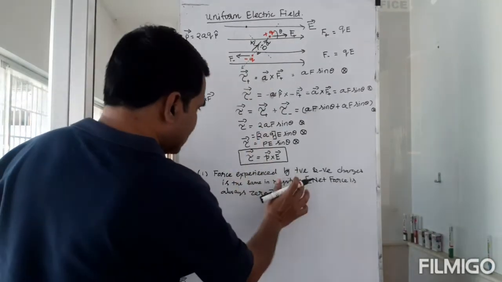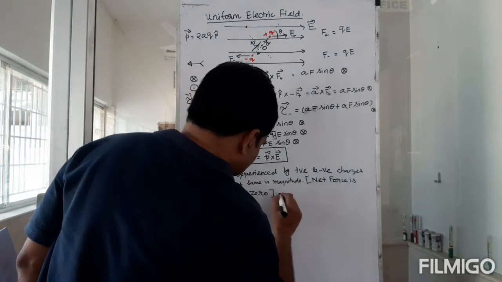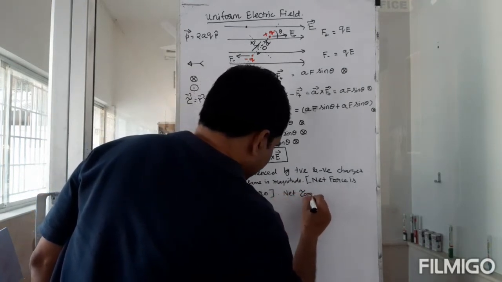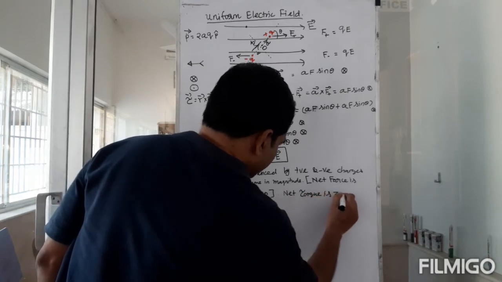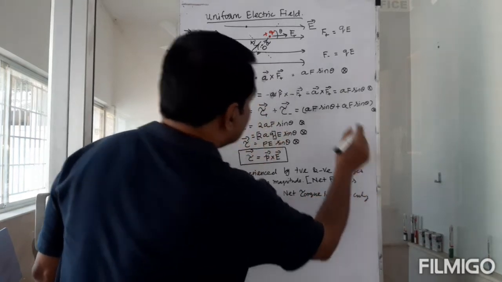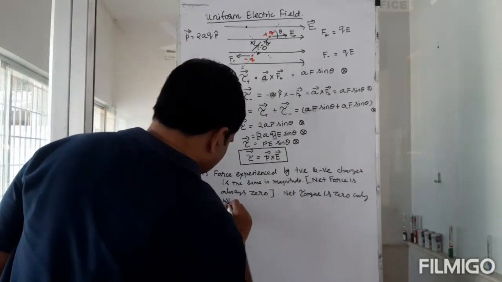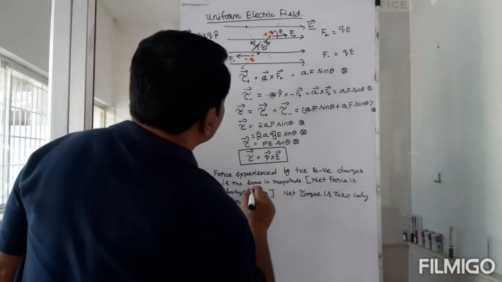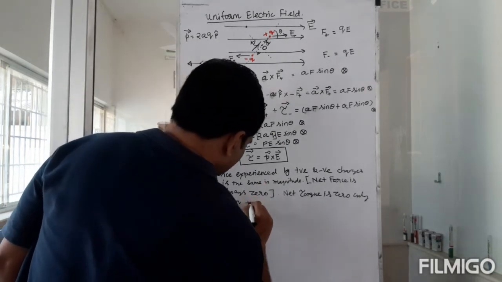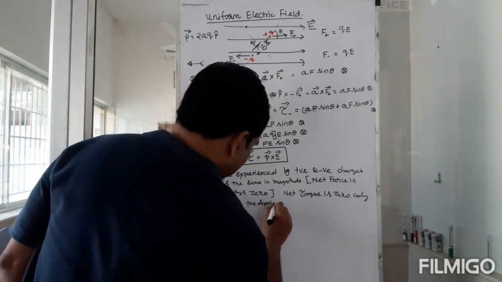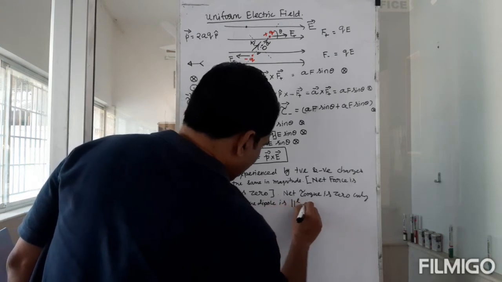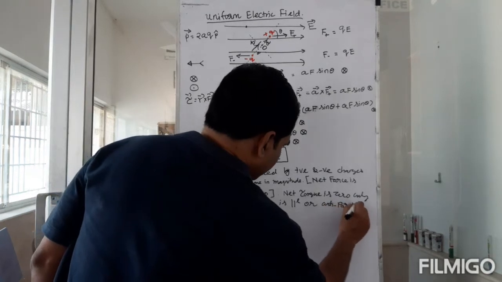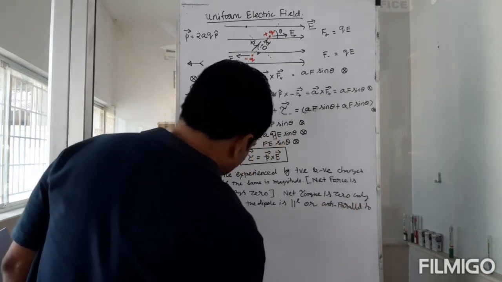So net force is 0, but the net torque is 0 only when the dipole is parallel or anti-parallel to the field.